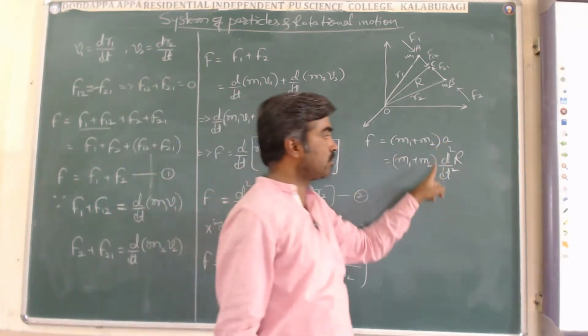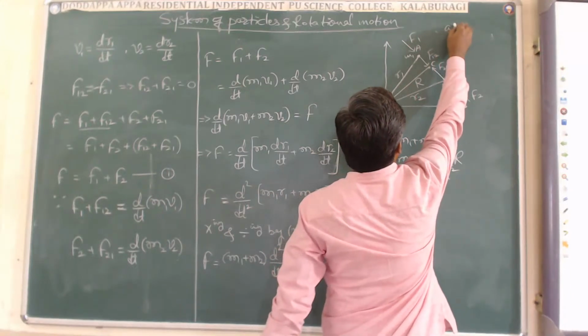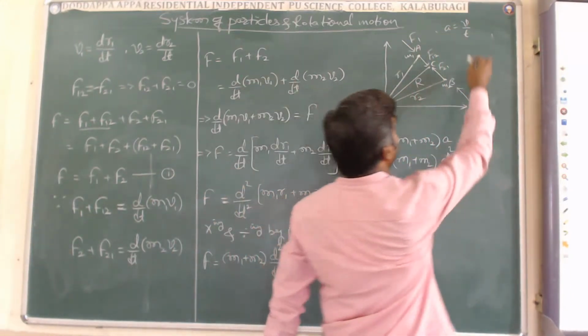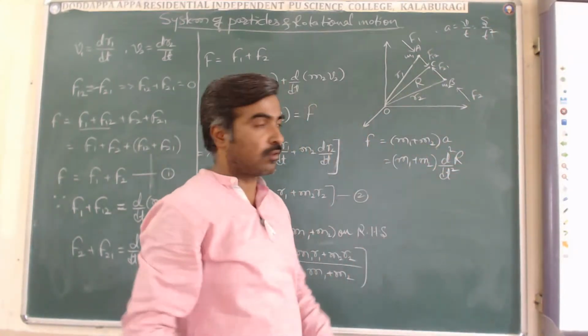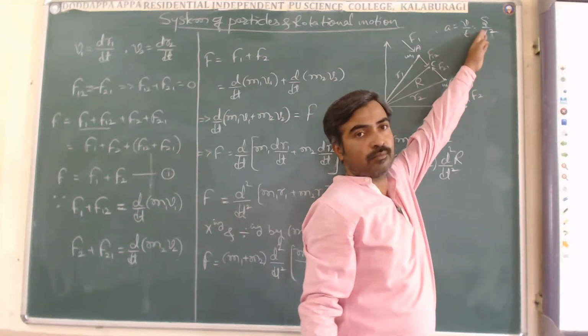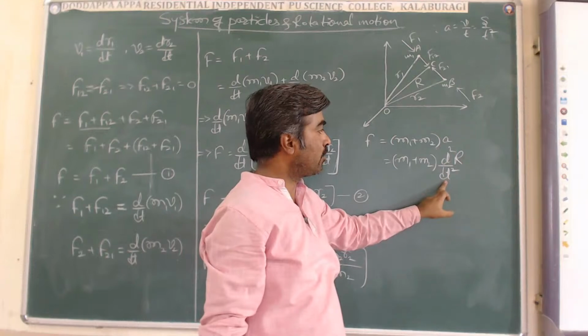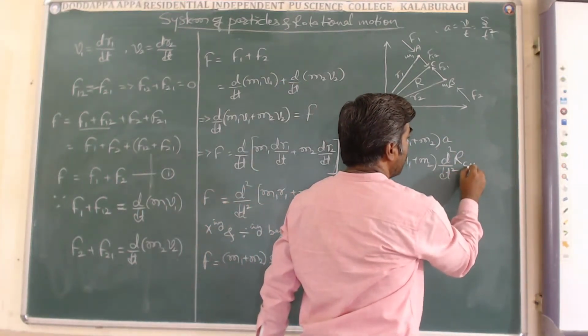As we know, a equals v by t, whereas v equals s by t, so s by t square, that is, the double differentiation of position vectors, is nothing but acceleration, that is d square r by dt square, the center of mass CM identified.